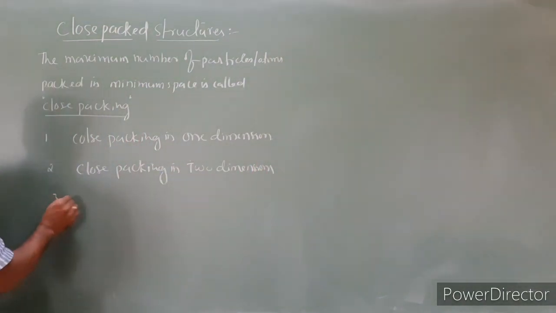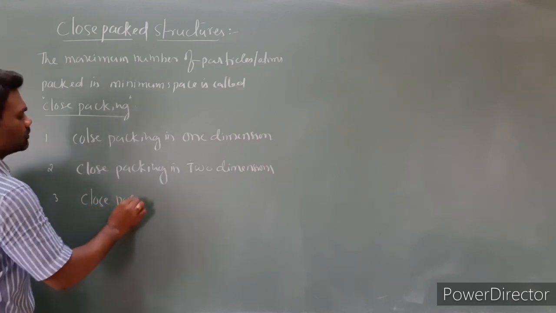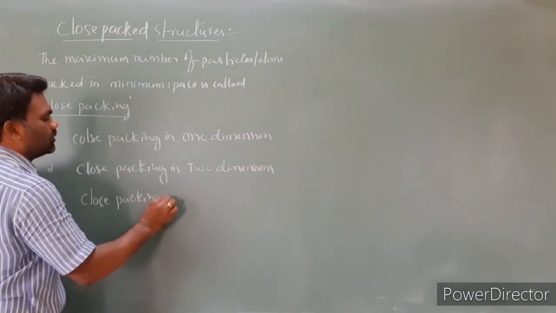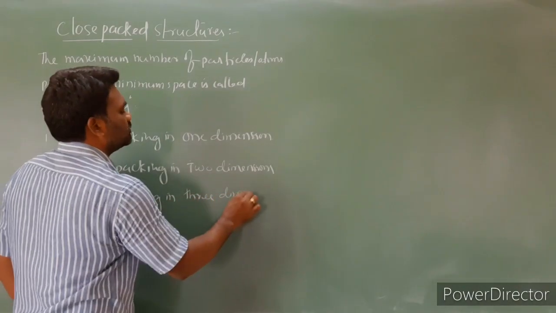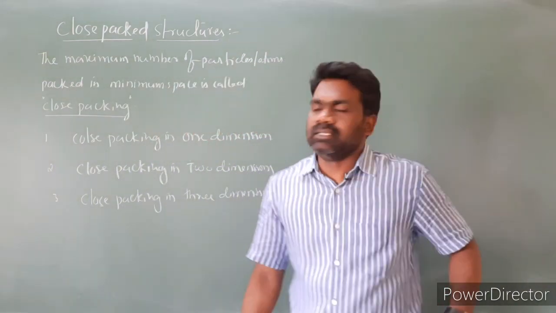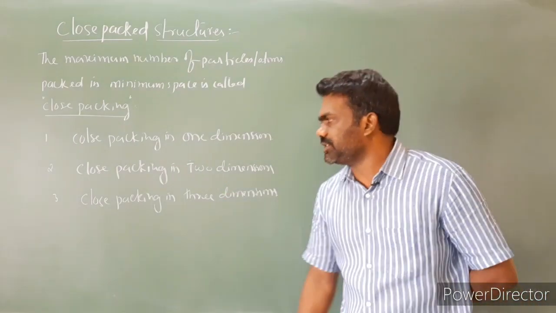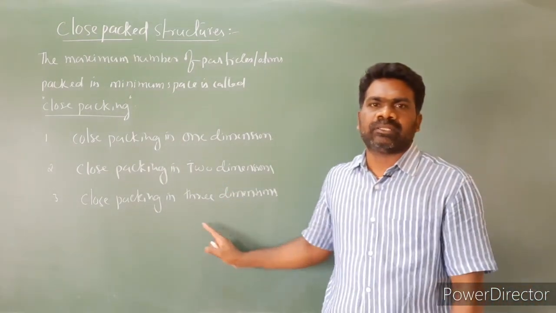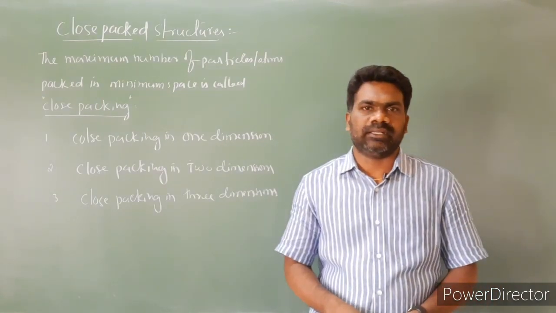The third one is close packing in three dimensions. Right, we learn the close packing in one dimension, close packing in two dimensions, and close packing in three dimensions. Now let us discuss one by one in detail.